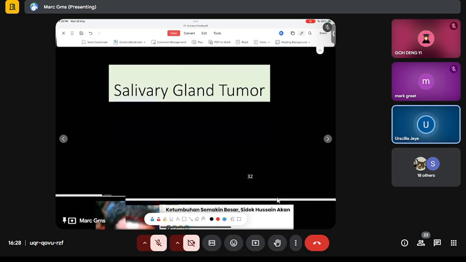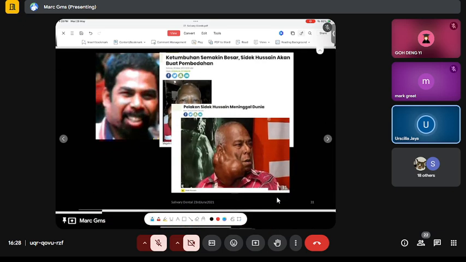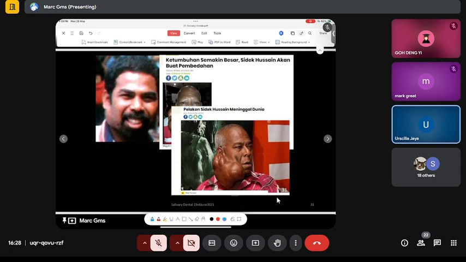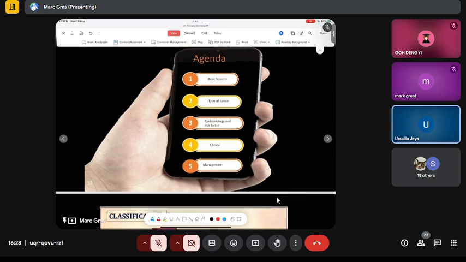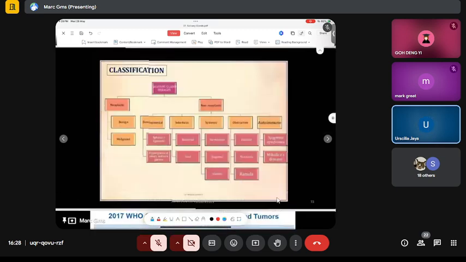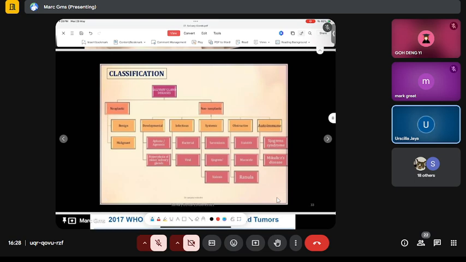So salivary gland tumors. Salivary gland tumors can be either benign or malignant, like I mentioned earlier.